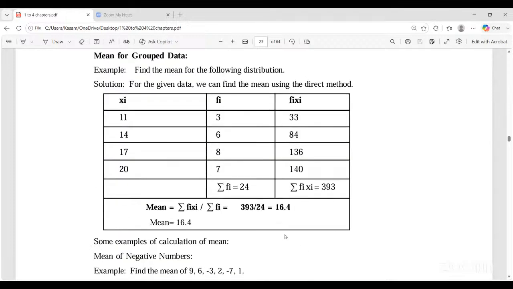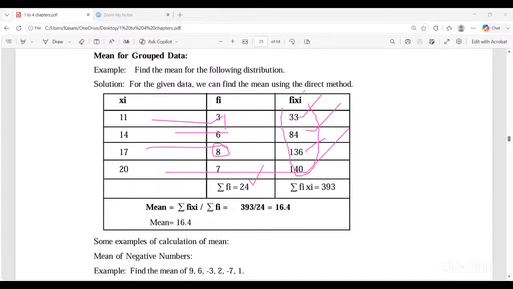Now I am taking grouped data. Grouped data means xi, fi, xi fi. See here, I am taking this one example. 11 into 3, how much? 33. 14 into 6, 84. 17 into 8, 136. 20 into 7, 140. 3, 6, 8, 7, total 24.